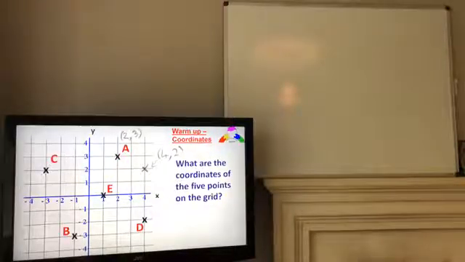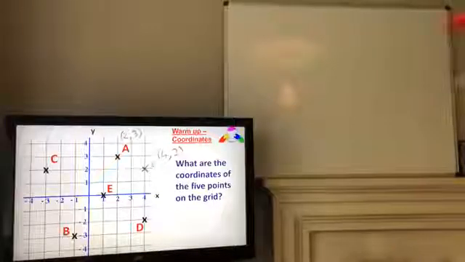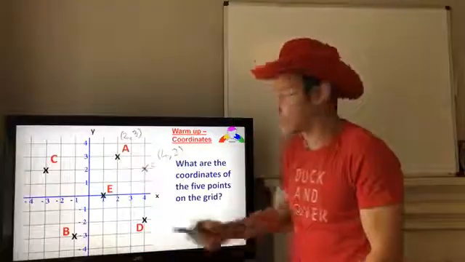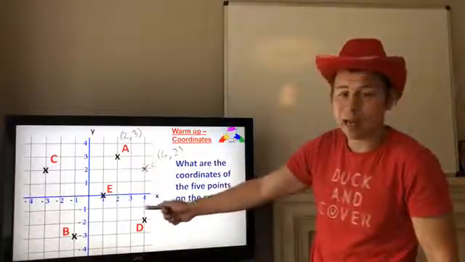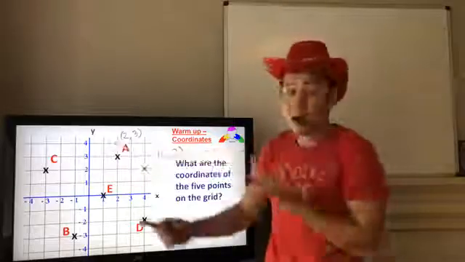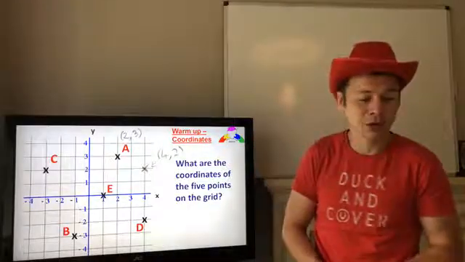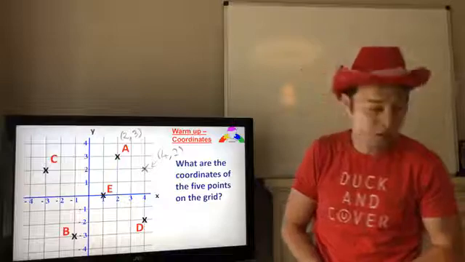Oh, you've done them around the wrong way, didn't you? Yeah, always across first. So you always go across and then up and down, okay? It's really easy to go up first and then across, but we always go across, so the x-axis first. If you think about the alphabet, x comes before y, doesn't it? So it makes sense to go across first, okay? Just try the next one here.